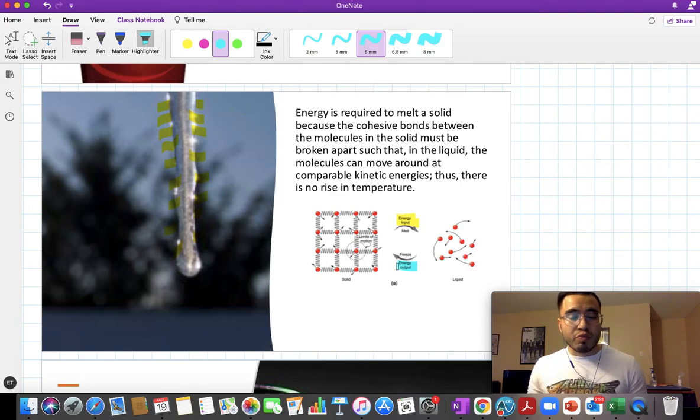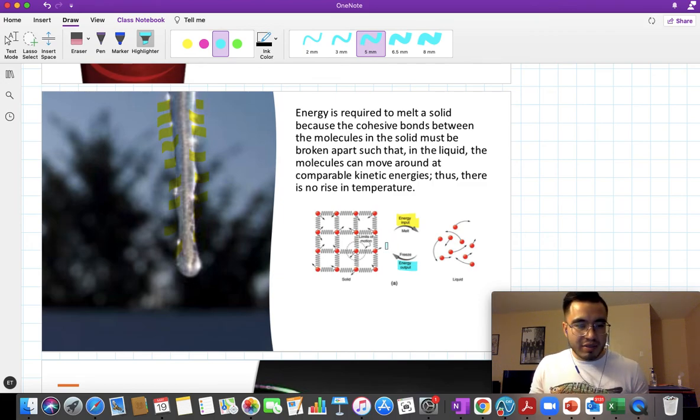That means it's going to release energy. This will make more sense when we define endothermic and exothermic reactions, but for now, just try to remember that. Today we're going to focus more on the fact that to go from solid to liquid, you need energy from somewhere. Okay, so that's solid and liquid.